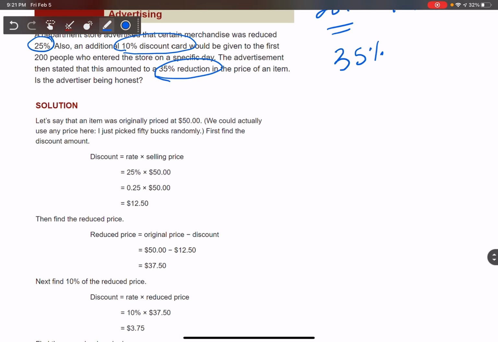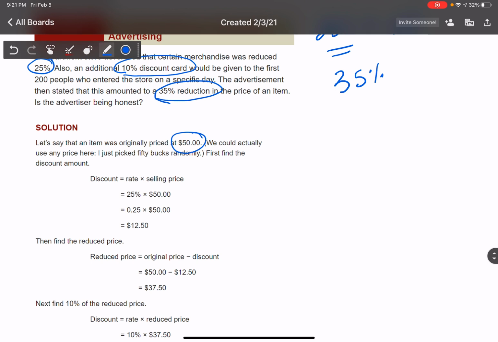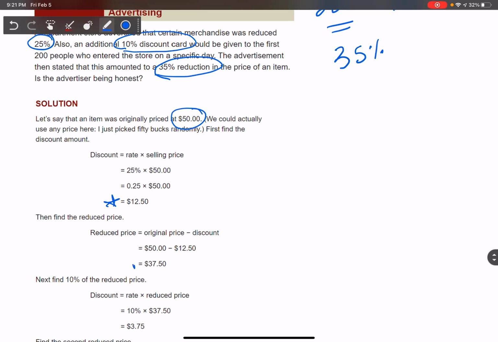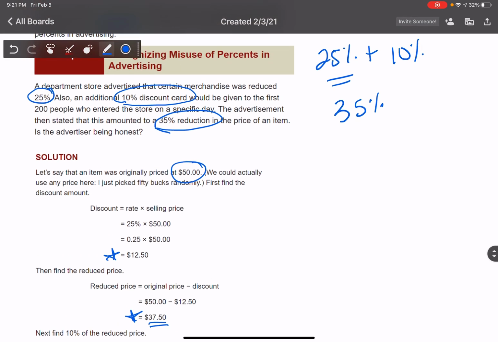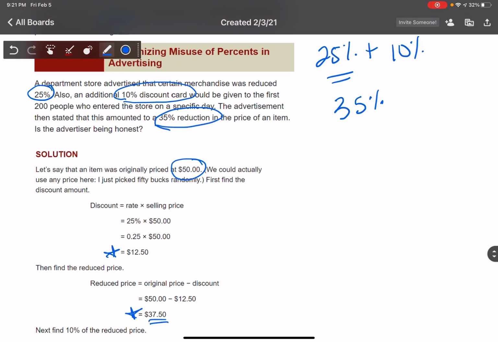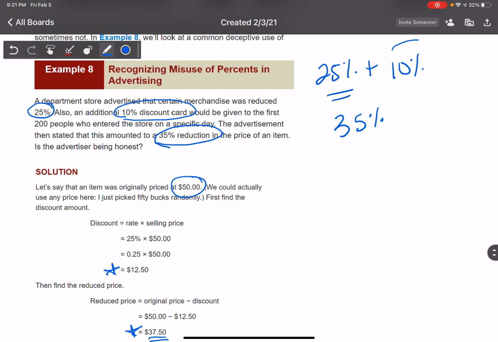Well, let's just act like we were buying the item for $50. We can figure out 25% of the $50 was $12.50, which means that our new reduced price will be that $50 minus $12.50, giving us $37.50. That was the original 25% off. Then it says plus this 10%, right?